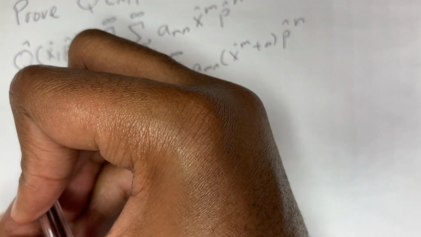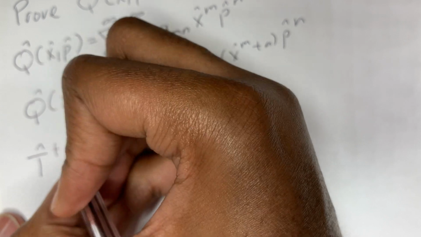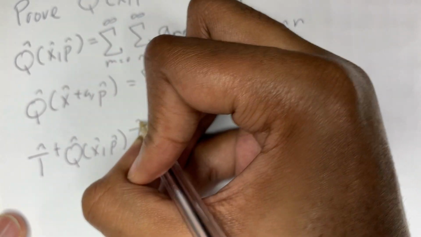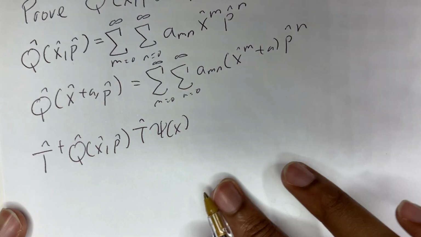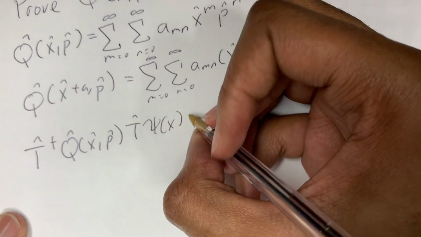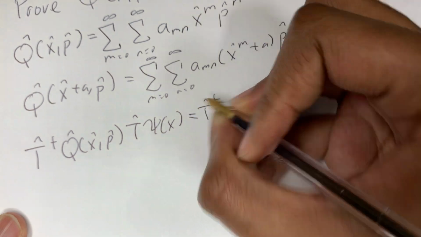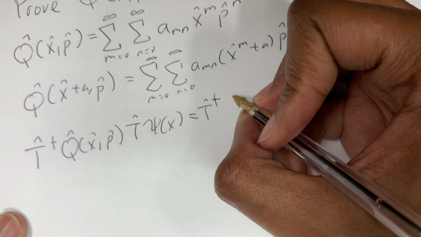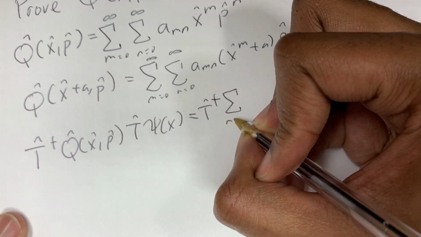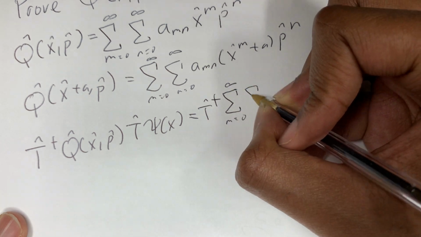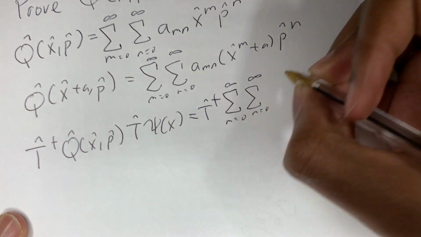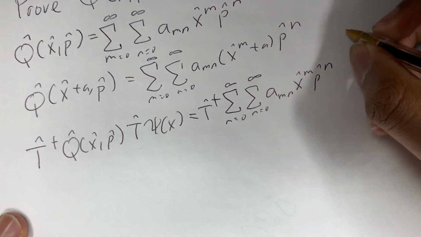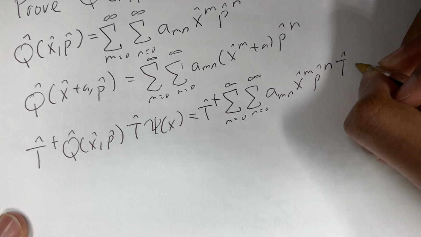So we have t hat dagger, q hat of x hat, p hat, t hat, test function psi of x. It's the same thing as last time, but now instead we have to expand q hat of x hat, p hat in terms of this power series. So m equals 0 to infinity, n equals 0 to infinity, a_mn x hat to the m, p hat to the n, t hat psi of x.